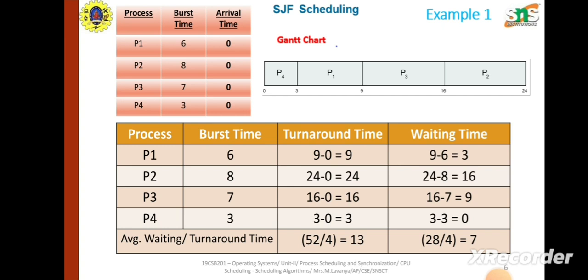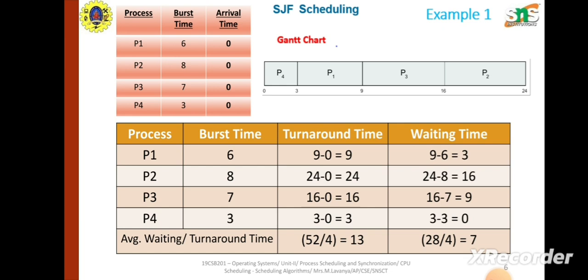So the process P4 will be allocated for the CPU first. So the process P4 starts at the 0 millisecond and it executes till the completion of process P4. So the completion time of P4 is 3 milliseconds.